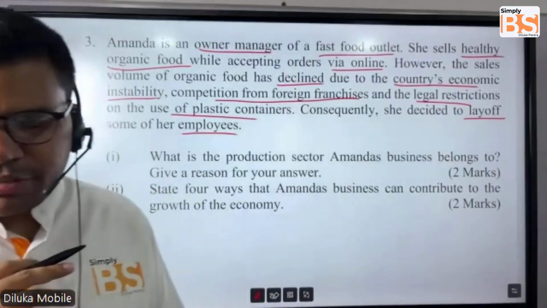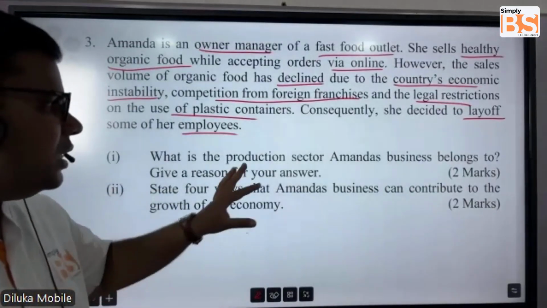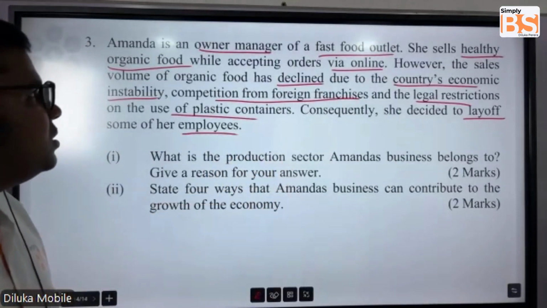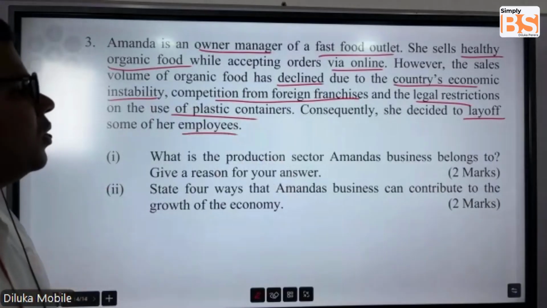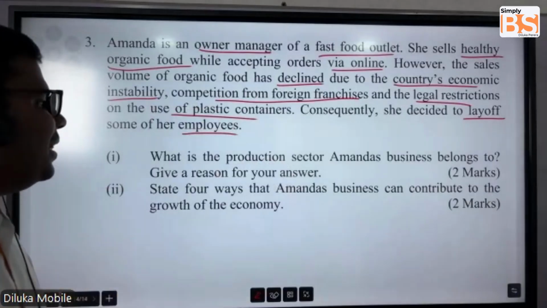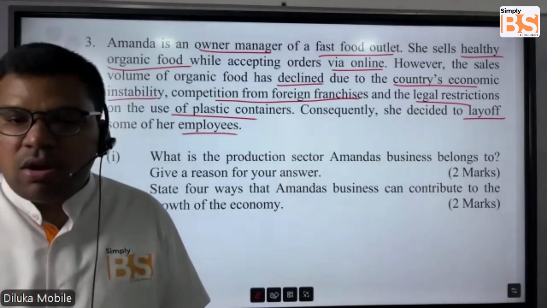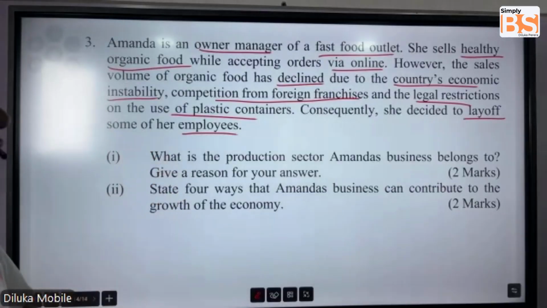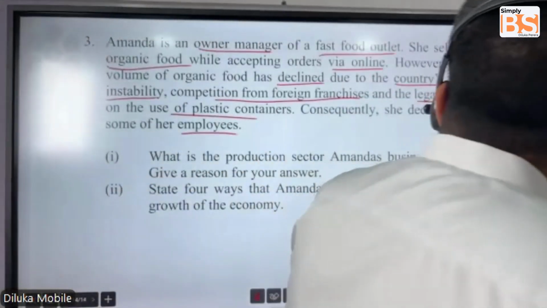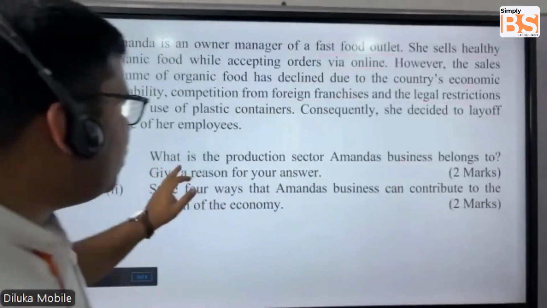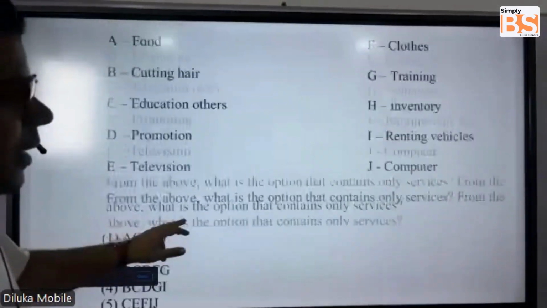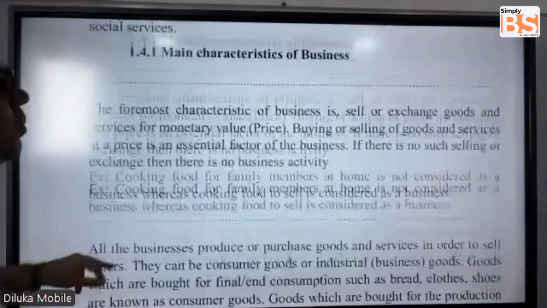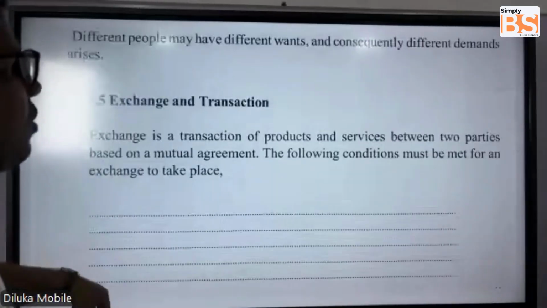From that they're testing this question, asking what sector Amanda's business, which is a fast food outlet, belongs to, and to give a reason as well. So we'll just go to the notes. I just want to show you how they have tested it.